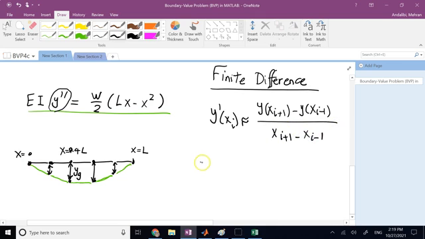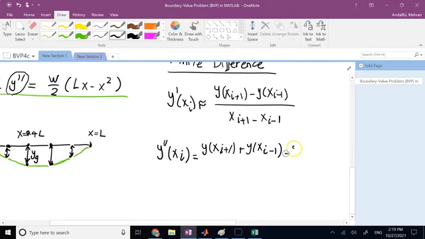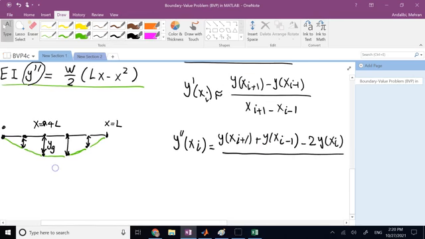And then I can approximate y double prime at any node by y at xi plus 1 plus y at xi minus 1 minus 2 times y at xi, divided by the distance. If they're all equidistant, it's going to be delta x squared.